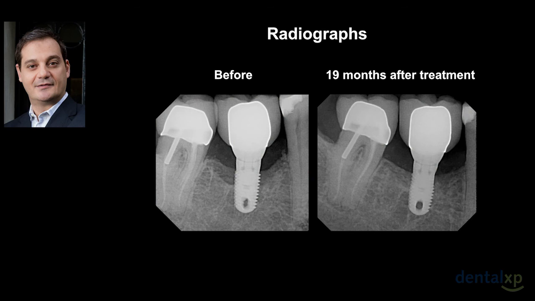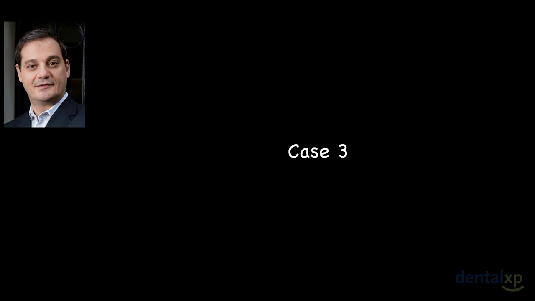And again, you can see the post-treatment X-ray of 19 months. So again, those treatments have been followed, and we have had a good result in stability in the long term, but the patients are placed on a very rigid recall system.